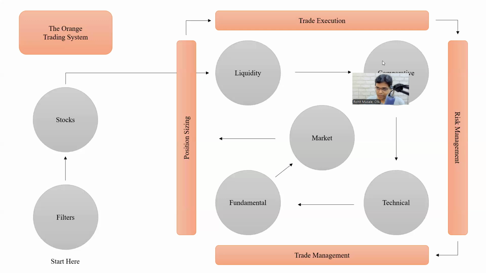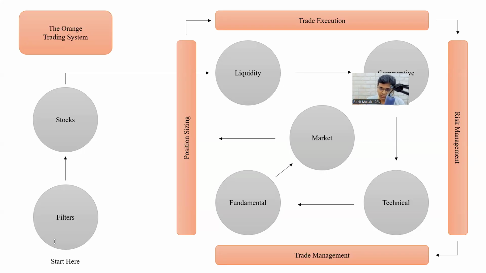So these 5 circles, this is the stock selection criteria. Then you have position sizing, trade execution, risk management, trade management, and stock filtering. So stock selection, trade execution, trade management. These are the 3 skills that you have to master.